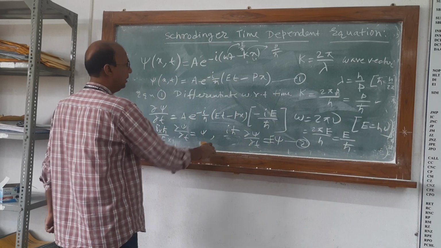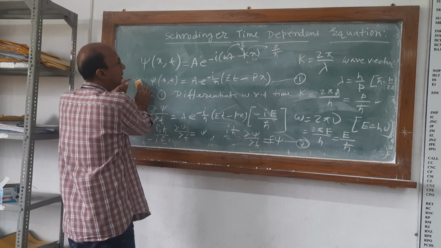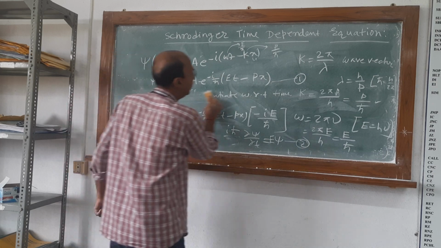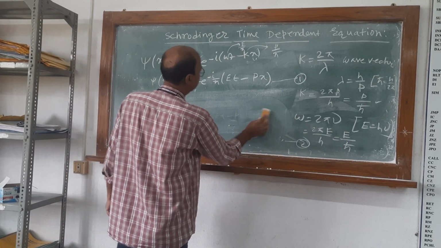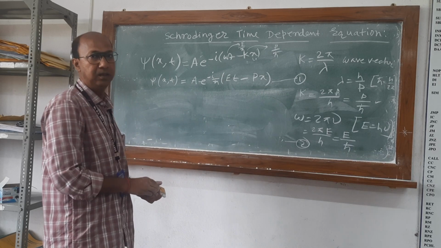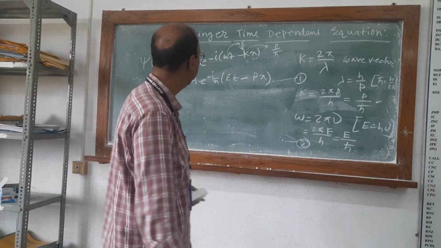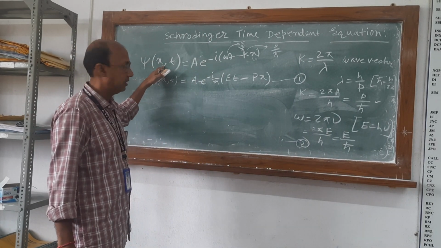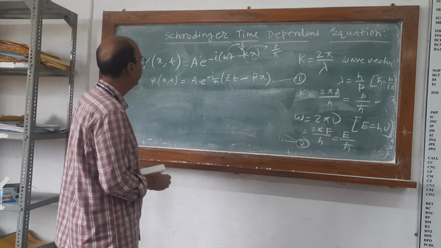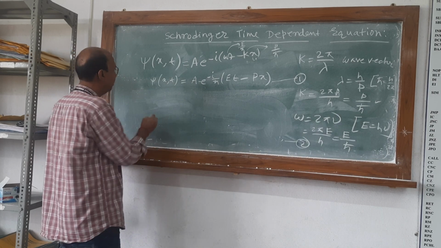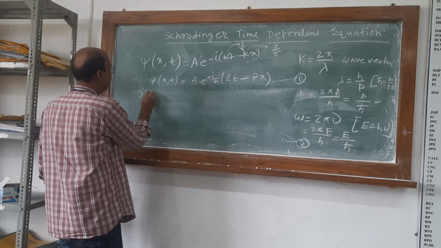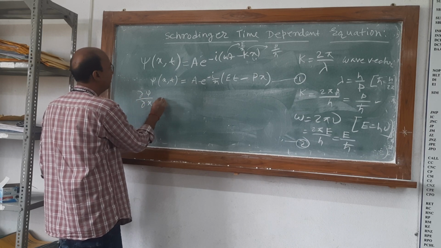Now again, this equation number 1 we have to differentiate with respect to space, that is x. So the partial derivative with respect to x, del psi by del x, we have to perform.